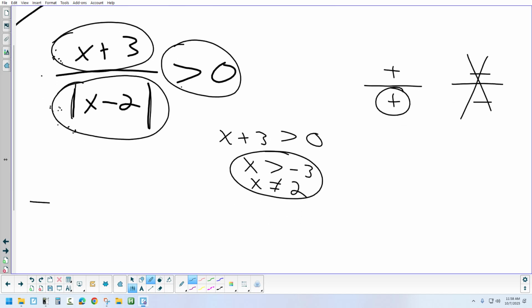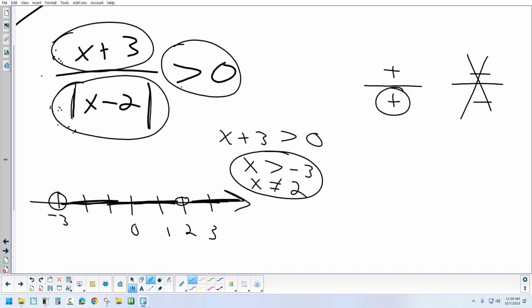If you did it on a number line, it would look like this. It's anything above negative 3, but not 2. That's how it would look as a picture.